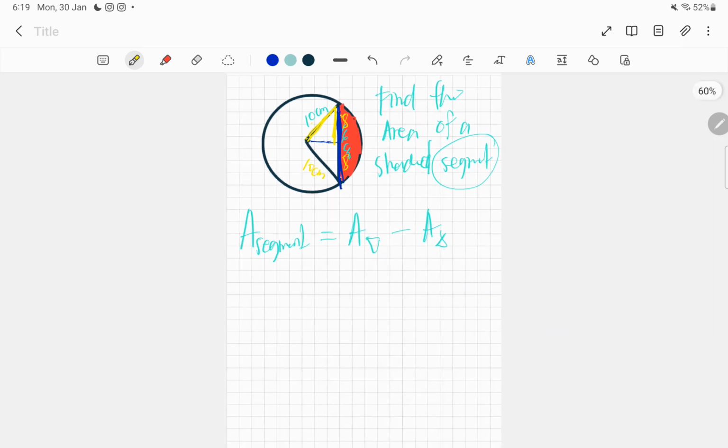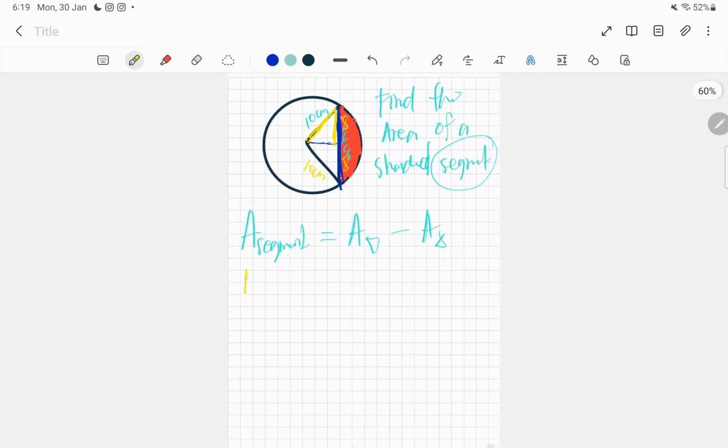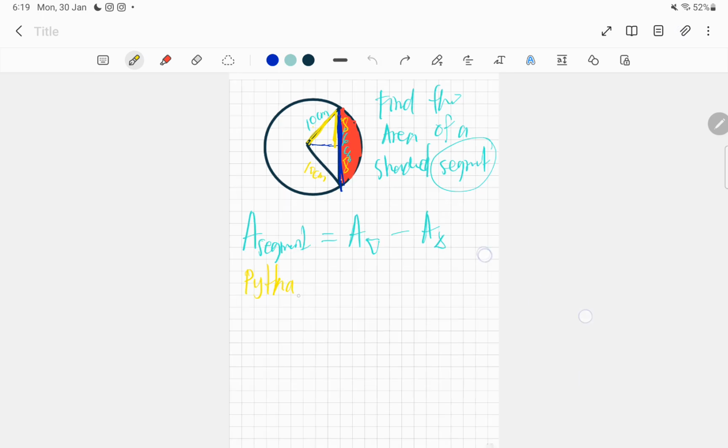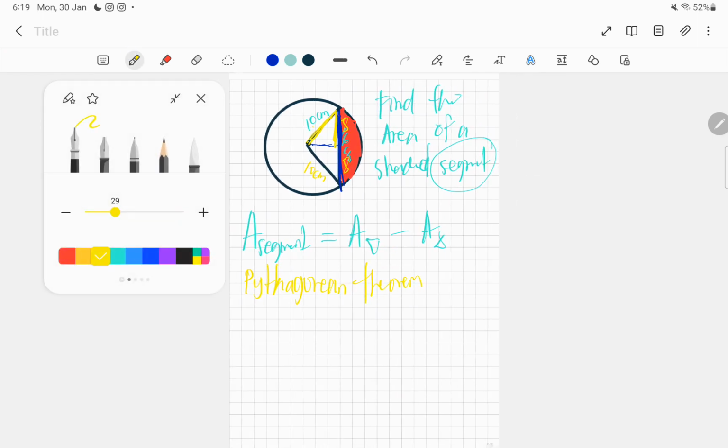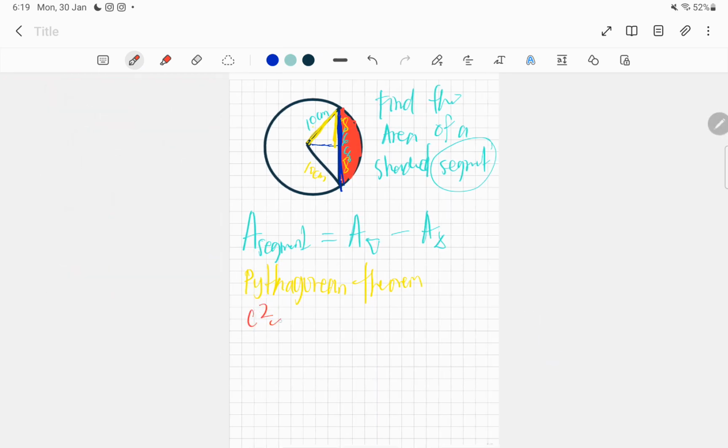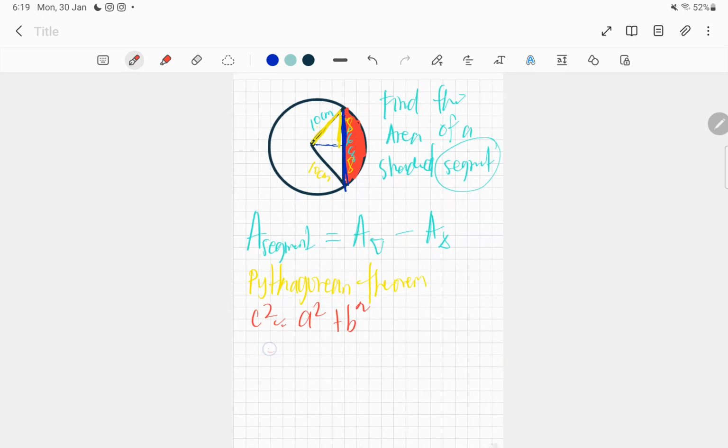Paano yon? So, we're going to use the Pythagorean theorem. Pythagorean theorem, that is c squared. Okay, masyadong malabo yung sulat. Okay, that is c squared is equal to a squared plus b squared.